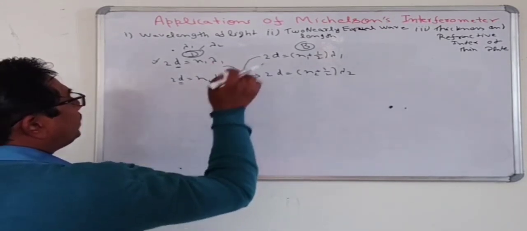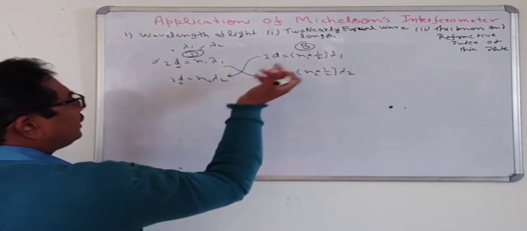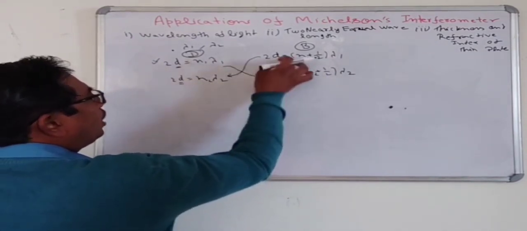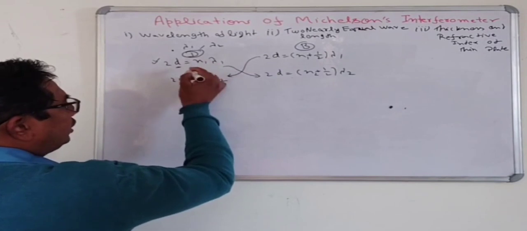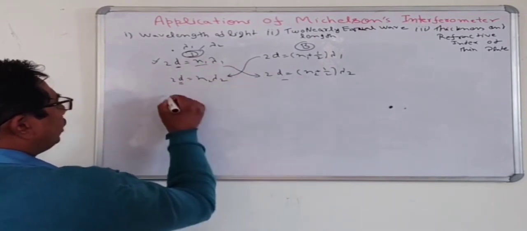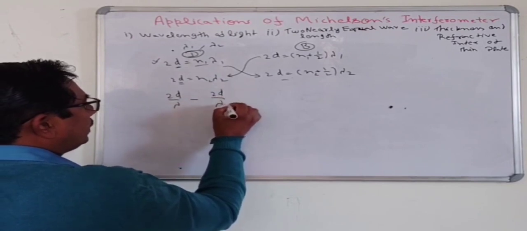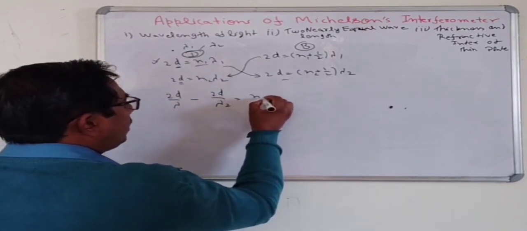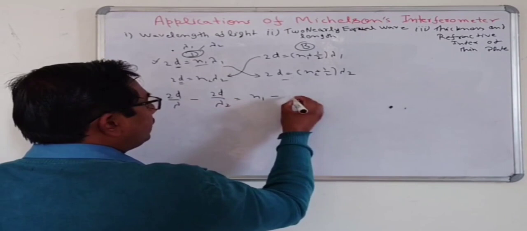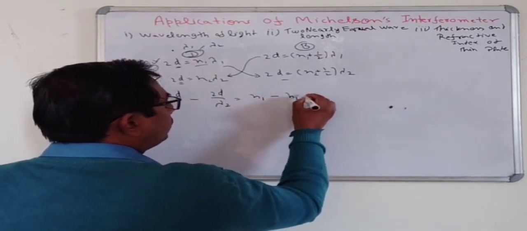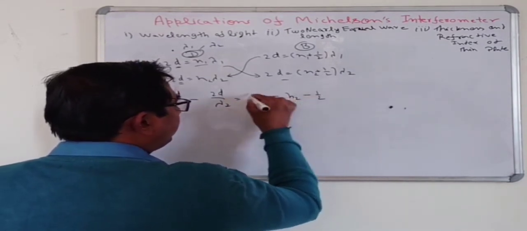Here you will take the difference between any two values. Suppose I take the difference between this one and this one: 2d lambda 1 minus 2d lambda 2. Now n1 minus n2 minus half.